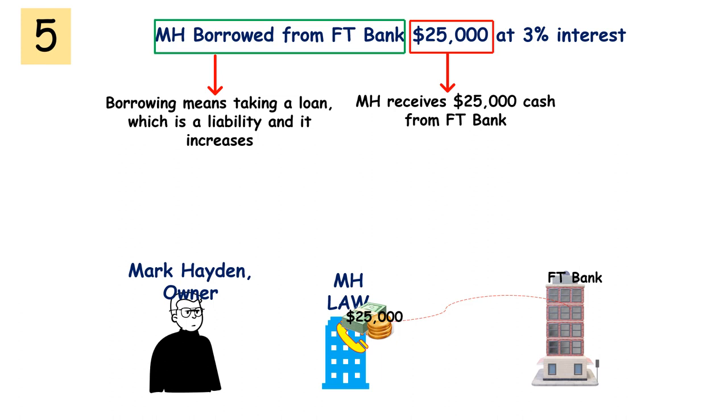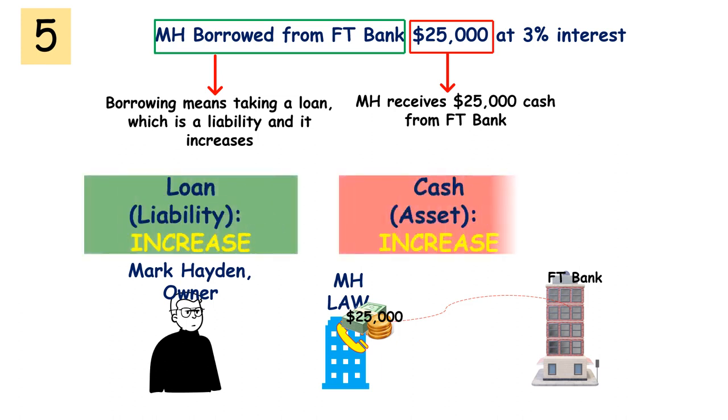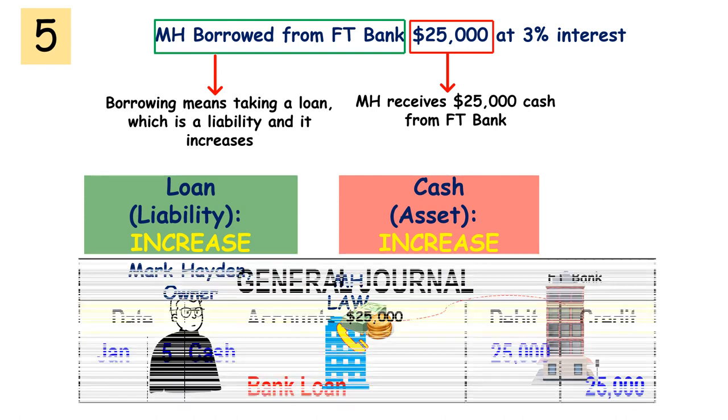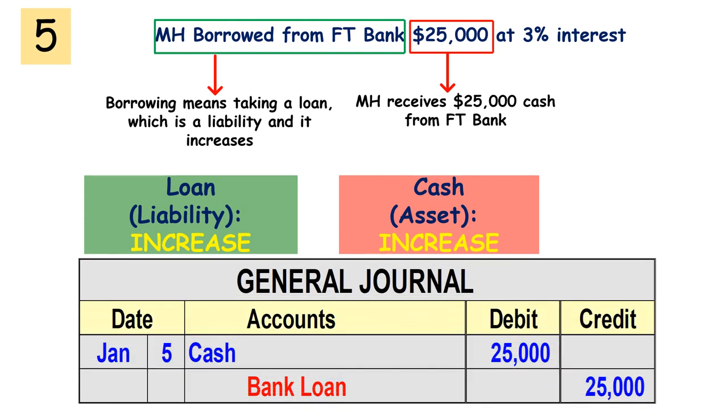Receiving cash will increase cash, and the liabilities of the business in the form of bank loan will increase also. Let's apply the debit credit rules. A loan increase, a liability increase, is credit, and a cash increase, or asset increase, is debit. So we always write the debit line first: cash 25,000 debit, bank loan 25,000 credit.